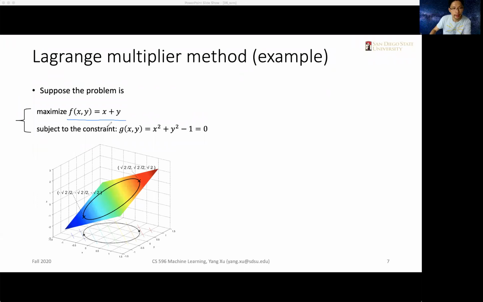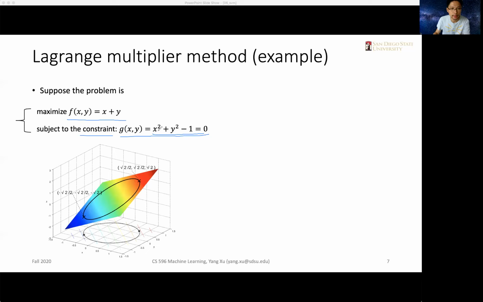And we have the constraint that g of x and y in this form should be 0. So this form of function means that x and y should lie on the circle, right?